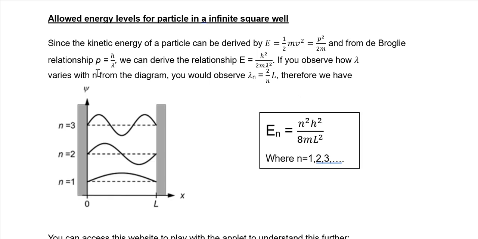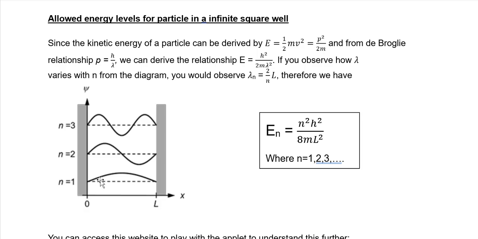From the De Broglie relationship, momentum equals h over lambda, I can substitute this into the p squared over here. When I substitute, the top becomes h squared over lambda squared. The lambda you just bring down, then you get this one. If you observe how lambda varies with n from the diagram, you'll see the relationship between lambda and n to be lambda equals 2L over n, because in this case lambda is 2L.